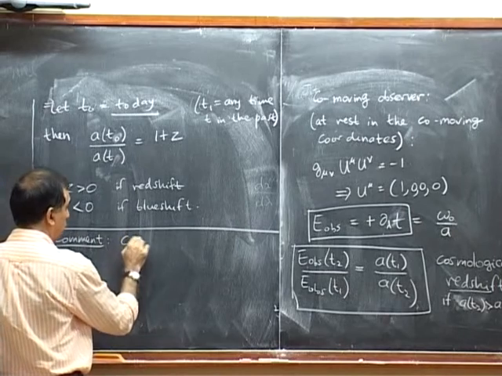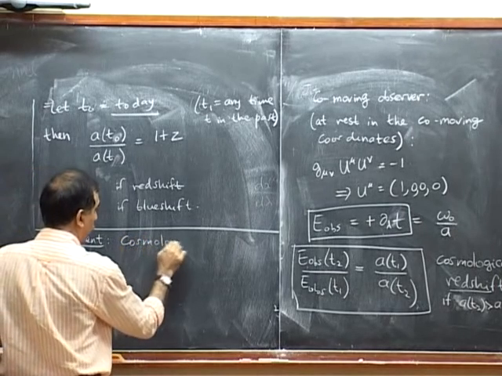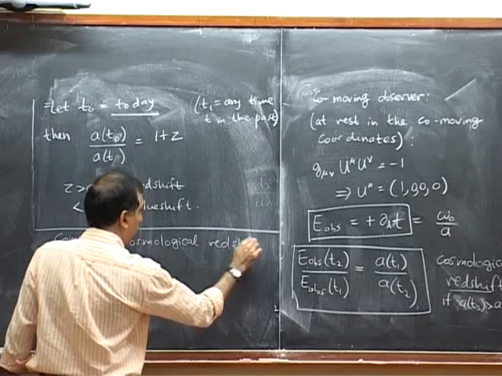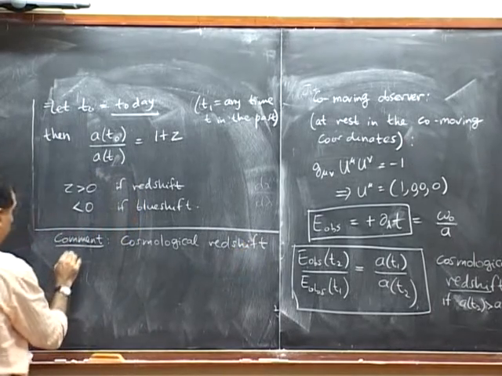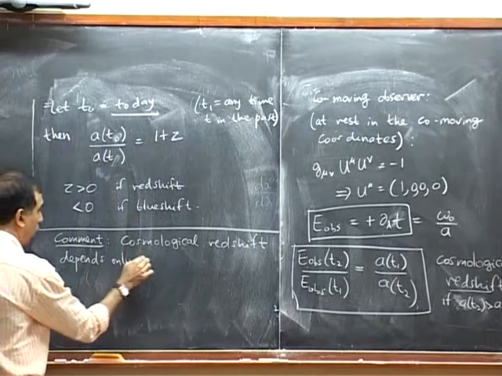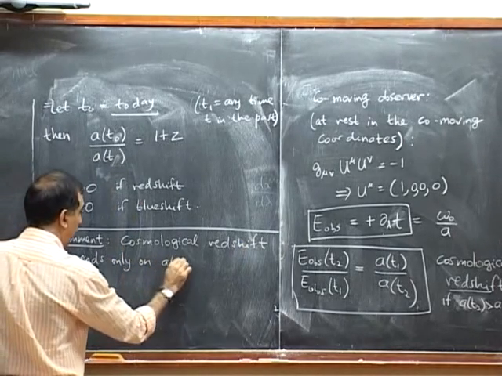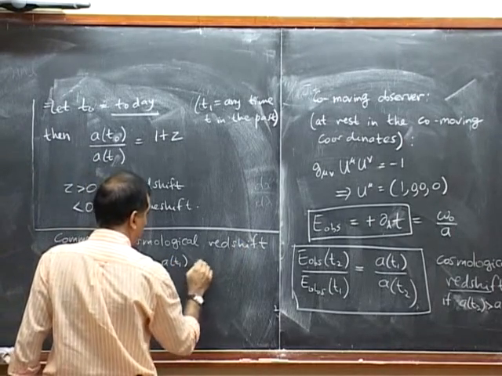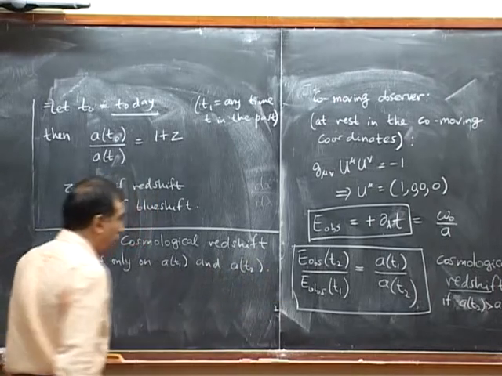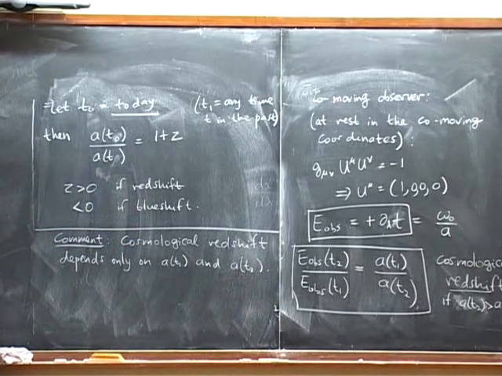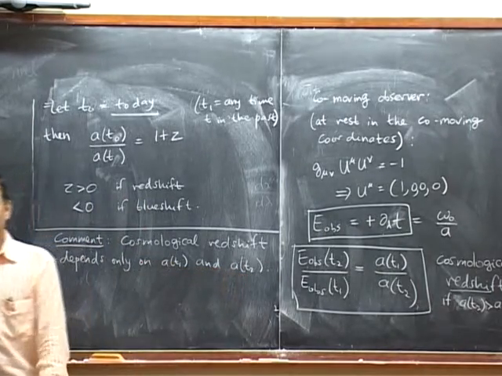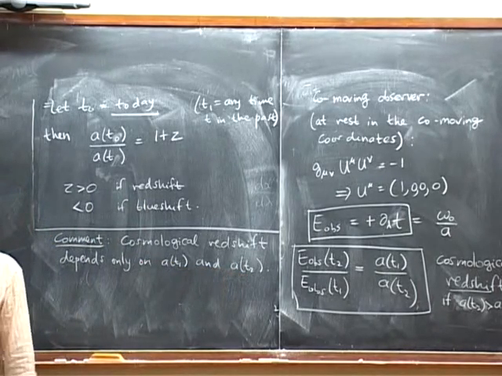The cosmological redshift depends only on A at T1 and A at T2, and not on any details of how A got from the value A at T1 to the value A at T2. Okay?